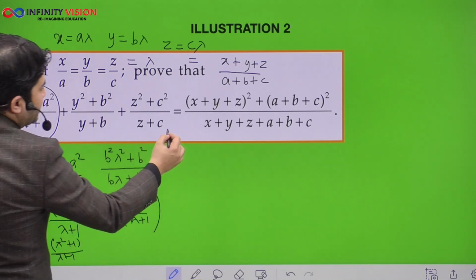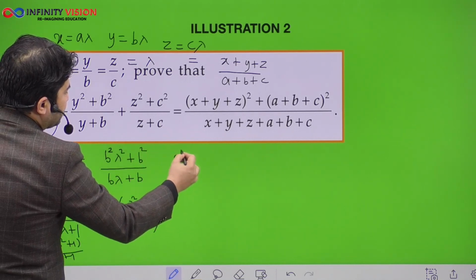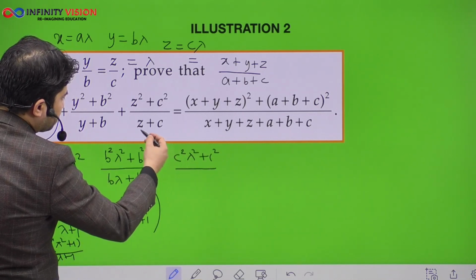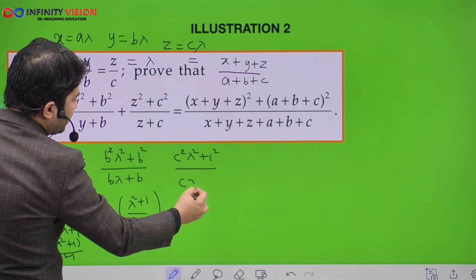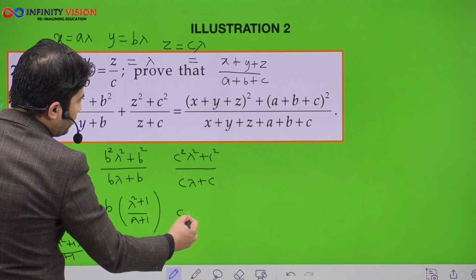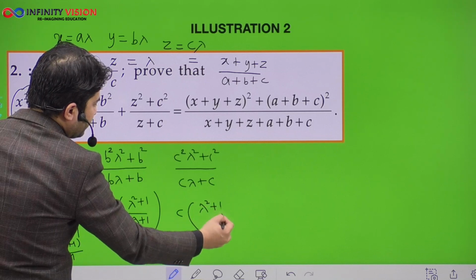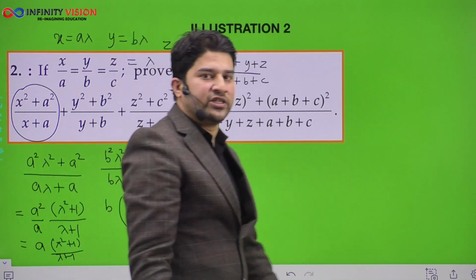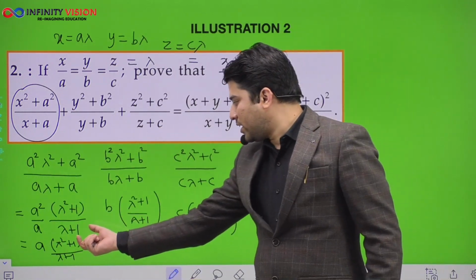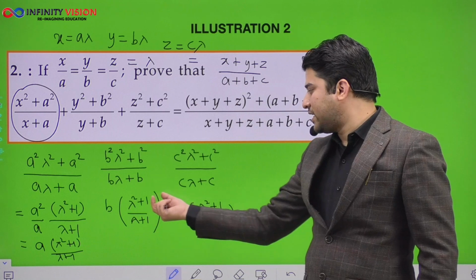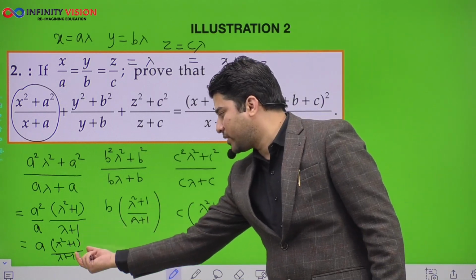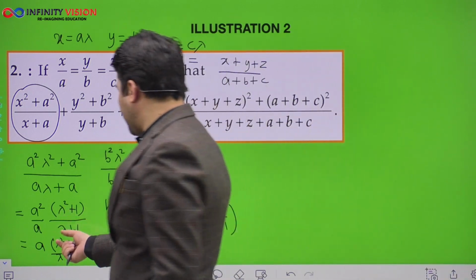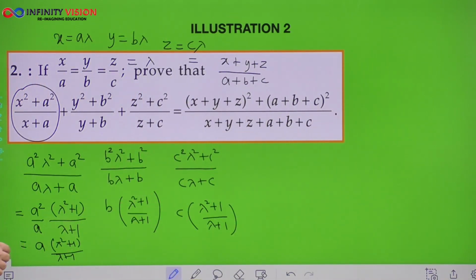And similarly, the third would be written as c square lambda square plus c square upon c lambda plus c. So c would be common and you would say (lambda square plus 1) upon (lambda plus 1). So what you notice is that all the three fractions have a constant coefficient, that is (lambda square plus 1) upon (lambda plus 1), and all have a, b and c as their respective coefficients.